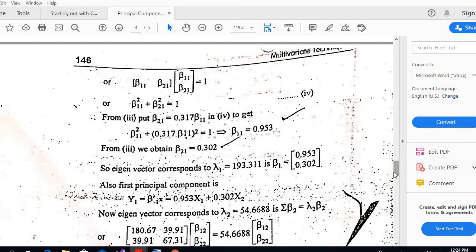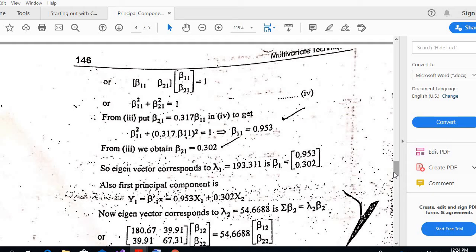Now we have the eigenvectors corresponding to the eigenvalues. For lambda 1 equal to 193.311, we have beta 1 equal to 0.953 and 0.302.